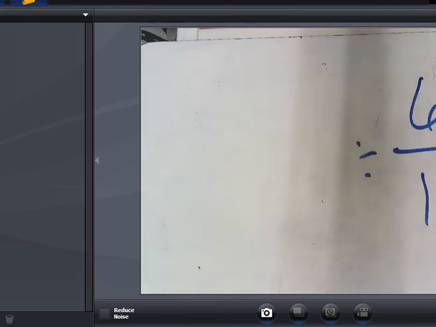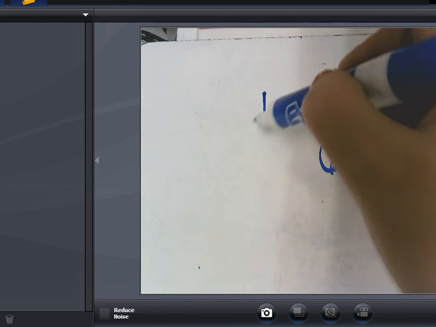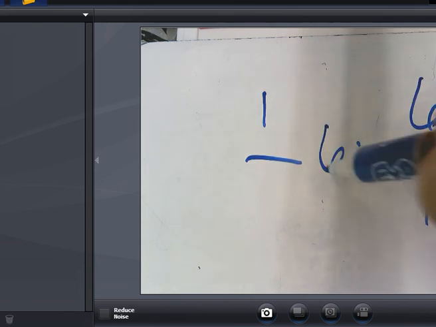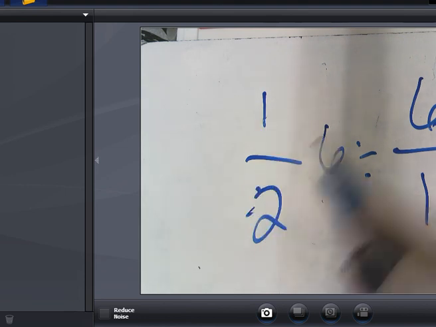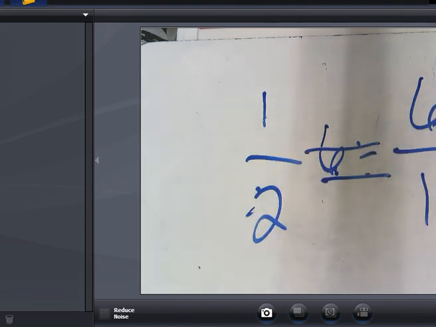It would be dividing, and the same rule applies. What I do to the top, I have to do to the bottom. So what can I divide 6 equally into? Well, I can divide it by 6. 6 divided by 6 is 1. 12 divided by 6 is 2. So 1/2 is equivalent, or equal, to 6/12.